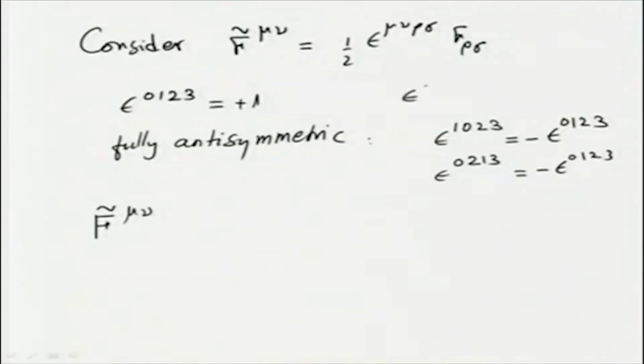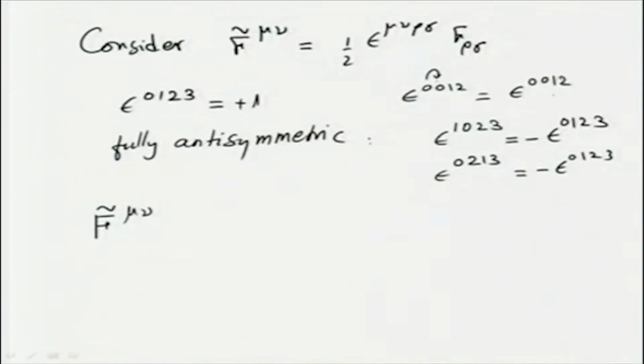For example, epsilon 0 0 1 2 is equal to epsilon with the first and second interchanged, which gives the same thing.